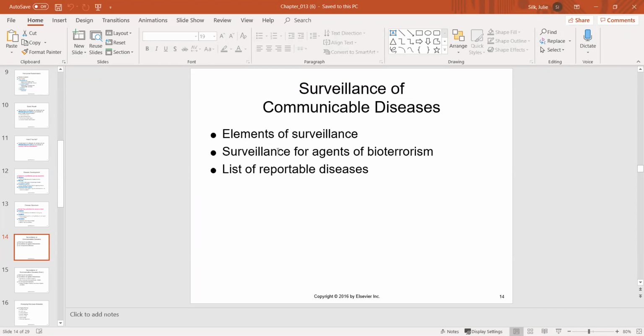But yes, there's surveillance of those types of things too, because we need to know how many cases there are, so we can have a treatment plan, a vaccine, and medicines to treat those things. If we didn't, we'd be up the creek. So there is a certain list of reportable things that your local health department is going to want you to report.